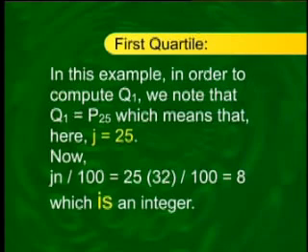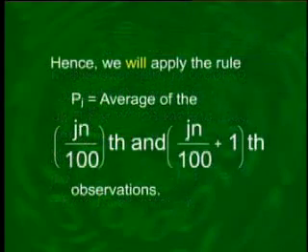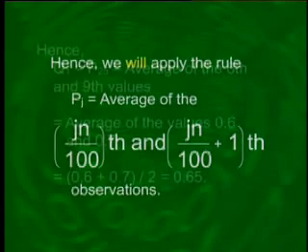And because n is equal to 32, therefore, 25 into 32 divided by 100 comes out to be equal to 8, and 8 is an integer. Therefore, according to the rule, we have to compute the average of the jn by 100th, that is the 8th, and the jn by 100 plus 1th, that is the 9th observation.